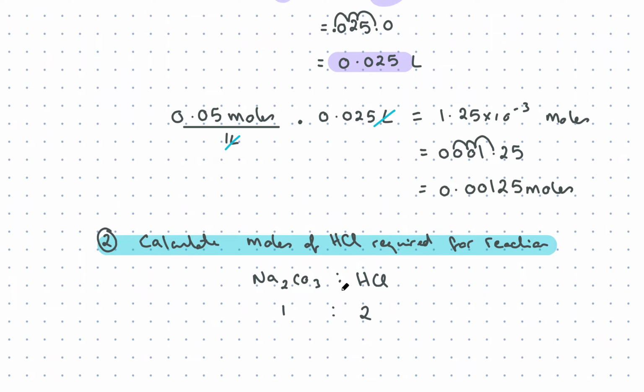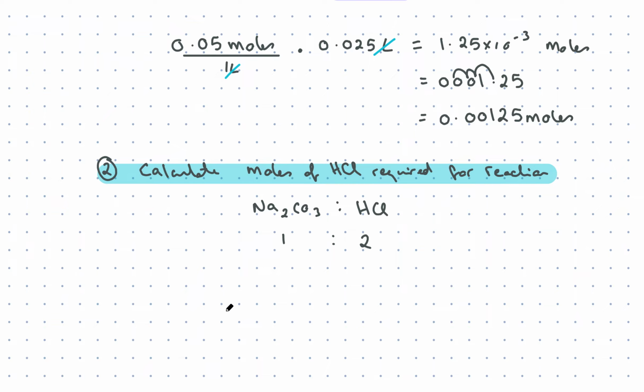So I'm going to now say, well, if I had 1 mole, it would be 2. What if I had 0.00125? How would I do that? Well, what I'm going to do is I'm going to double it. So if I double that, then what I'm going to have is 2.5 times 10 to the minus 3.